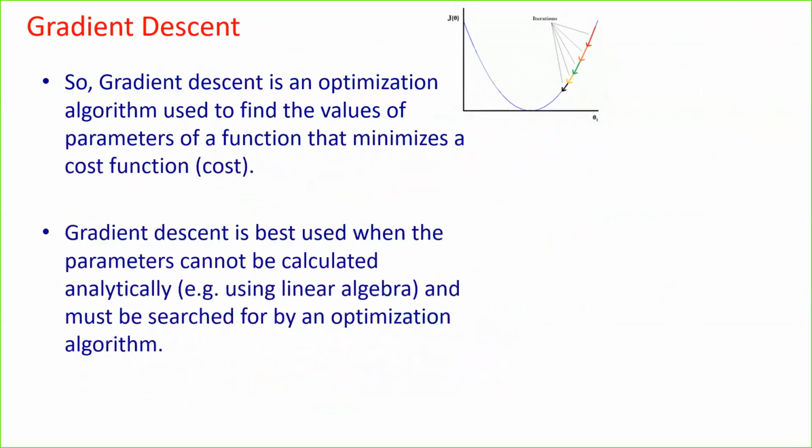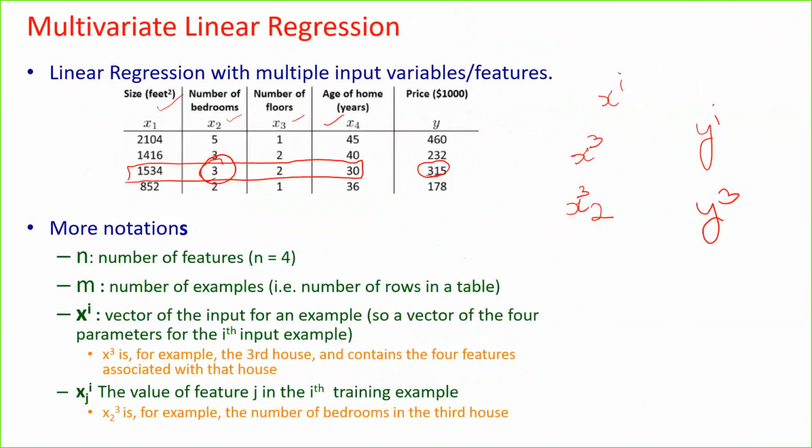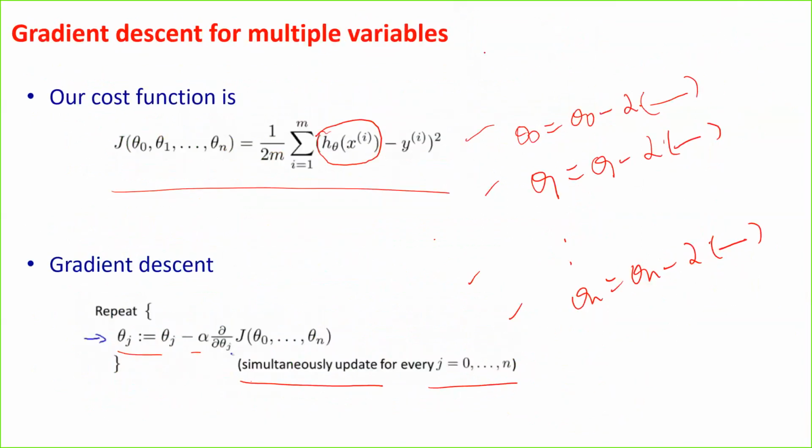Let me write it here. Theta j equals theta j minus alpha times 1 by m, sum over i equal to 1 to m, of h theta of xi minus yi, times xi.